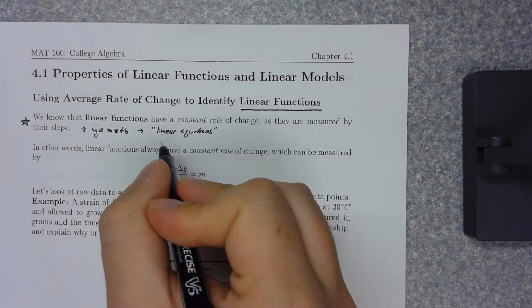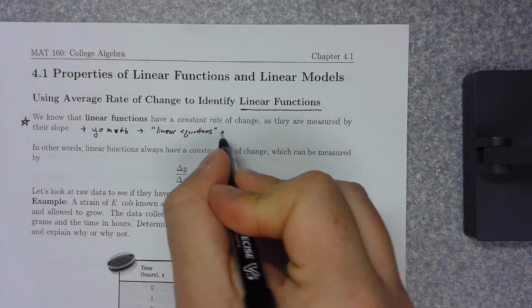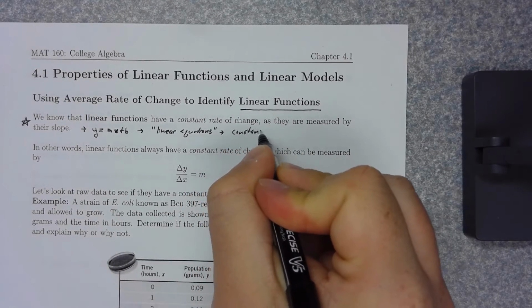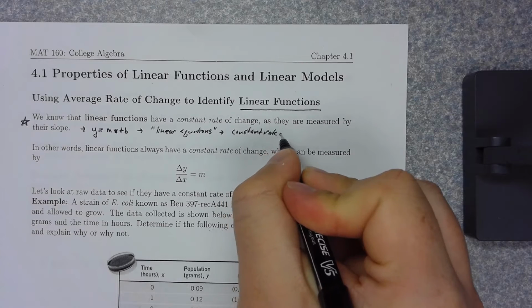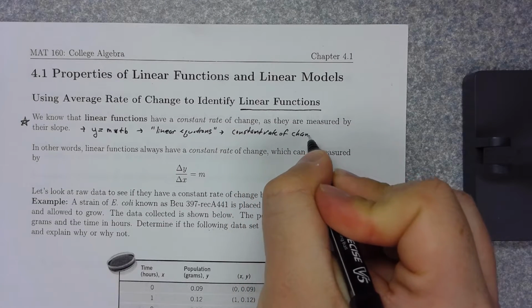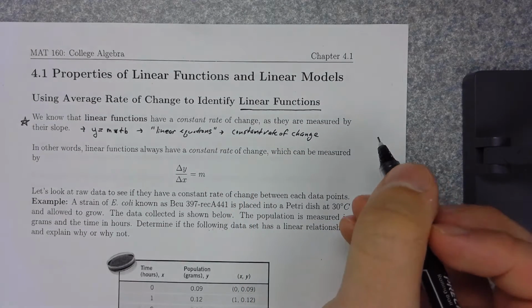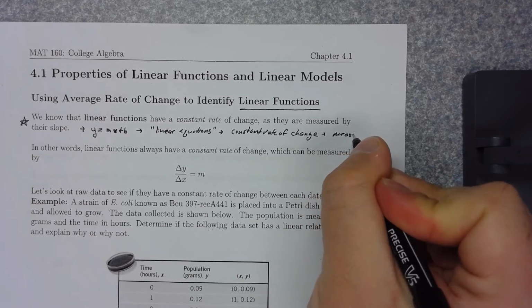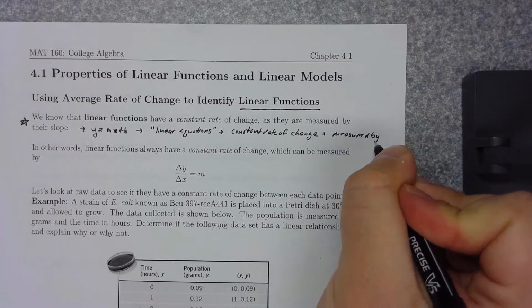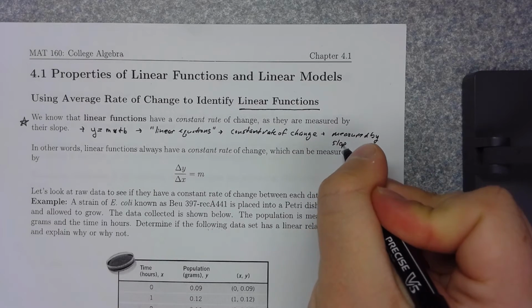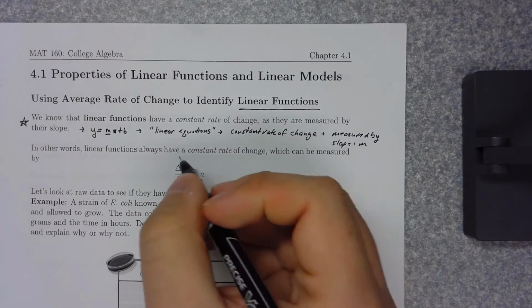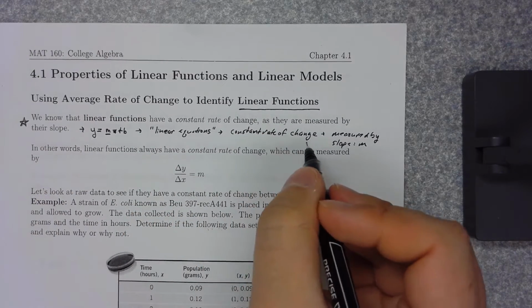And if they're linear, they have a constant rate of change, which is measured by their slope. So this value right here in a linear equation is a constant rate of change measured by slope.